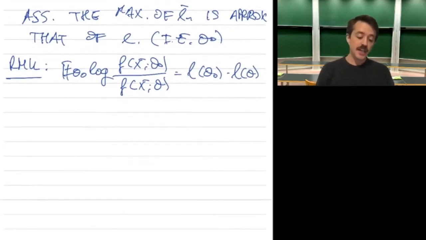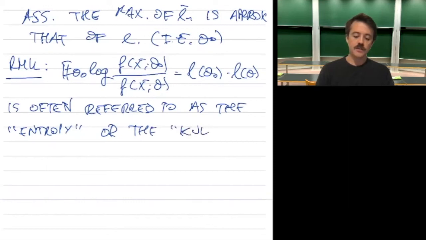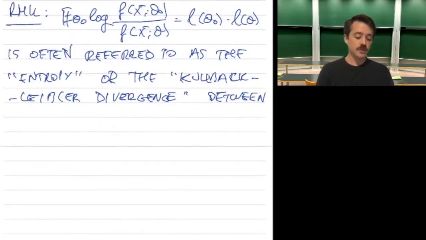This has a name and is often referred to as the entropy, or also the Kullback-Leibler divergence between the two PMFs or PDFs, or actually distributions.